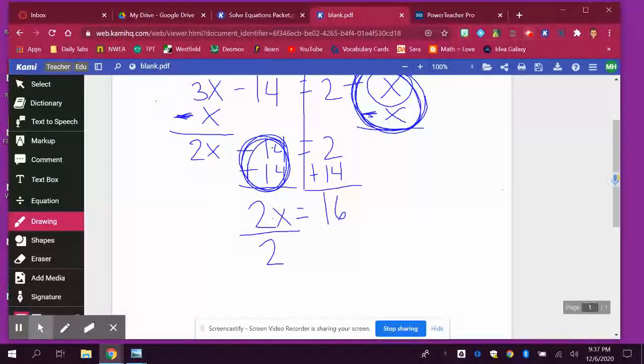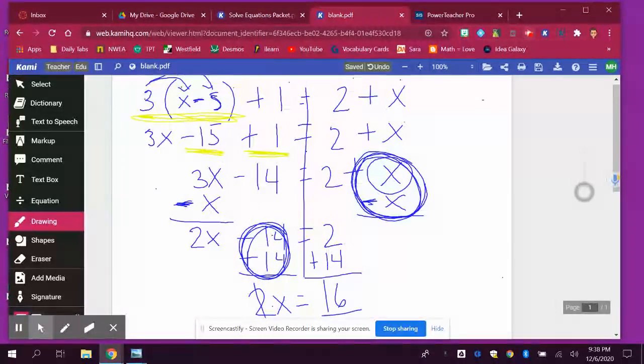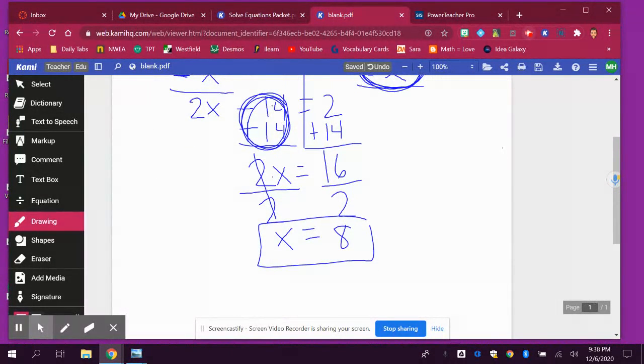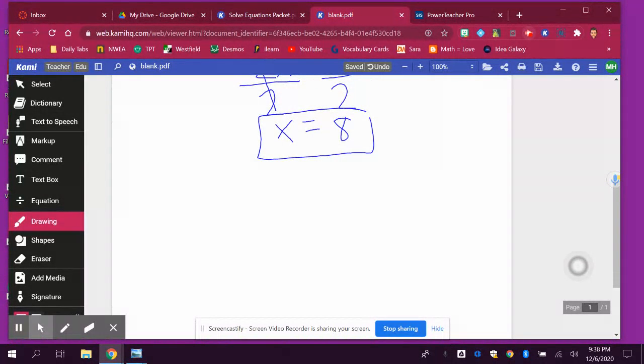Divide by 2 because they were multiplying. That gives me x equals 8. So I have one solution for this problem. I have one solution, it is 8. x equals 8, that's it. That's the only thing x can possibly be.